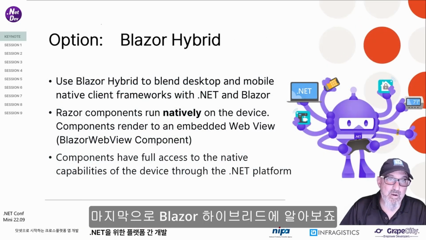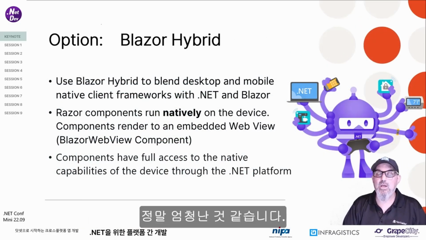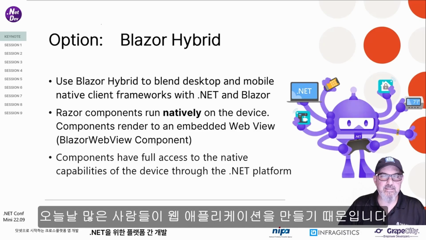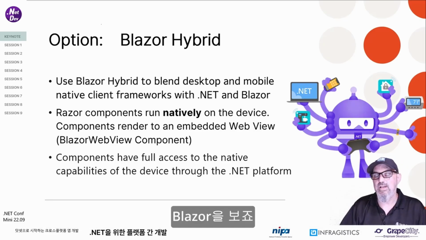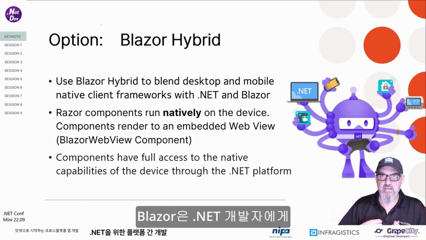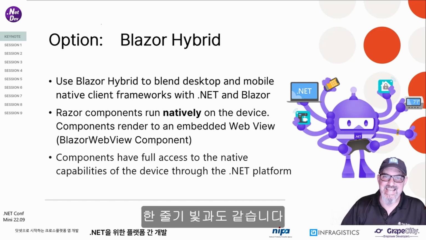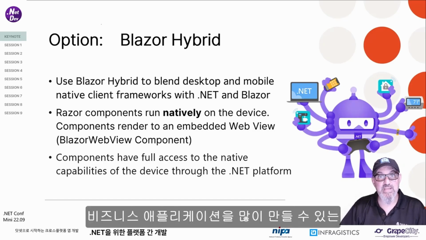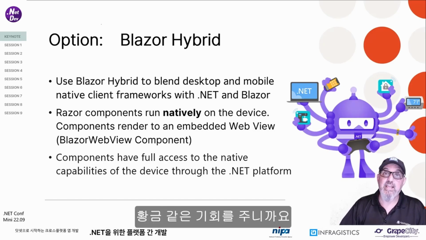And then finally, I want to talk about Blazor Hybrid, which I believe is pretty exciting. The reason I think Blazor Hybrid is so exciting is because a lot of us need to build web applications today, and we're looking at Blazor. Blazor is sort of this knight in shining armor that gives a .NET developer a fighting chance to build a rich line of business application that can be deployed via a browser.